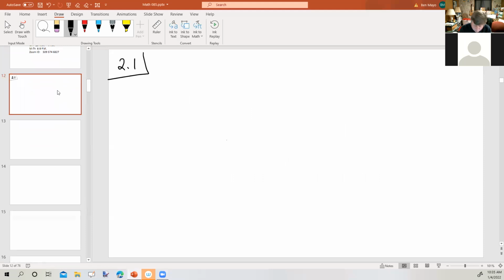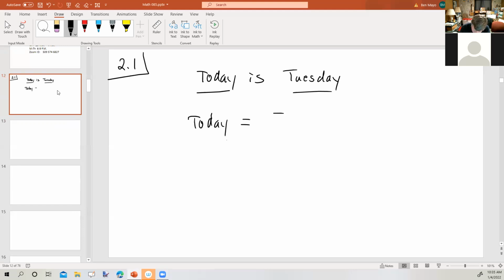Again, section 2.1. If we have a statement like the following, today is Tuesday. In this case, today and Tuesday are equal. So we could say today equals Tuesday.